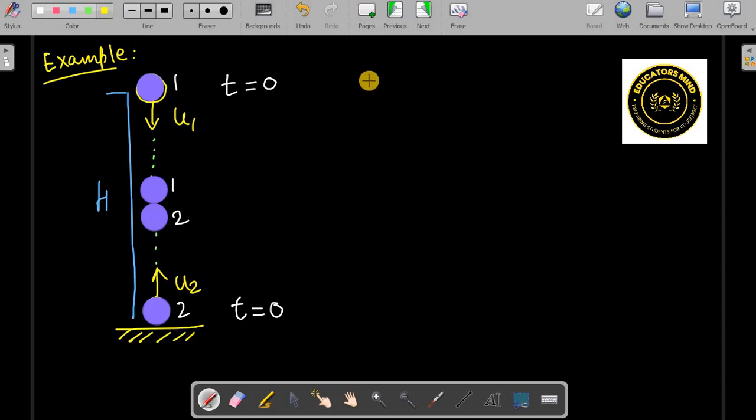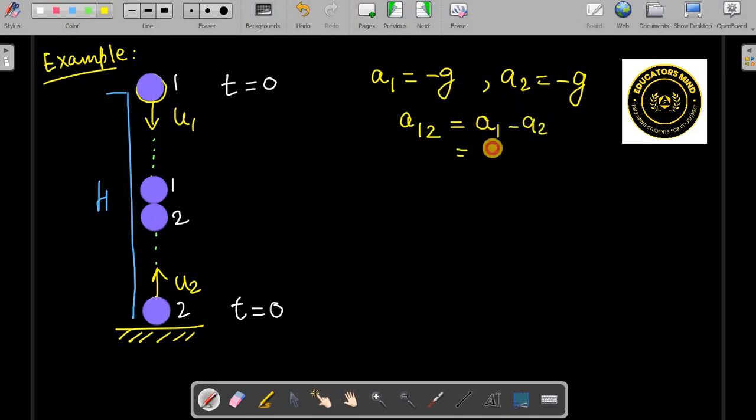If you study relative motion, the acceleration of 1 is minus g, and the acceleration of 2 is also minus g. Both are under gravity. So the relative acceleration of 1 with respect to 2, which is acceleration of 1 minus acceleration of 2, becomes 0. That means if you study 1 with respect to 2, there is no relative acceleration. It will be like a uniform motion.